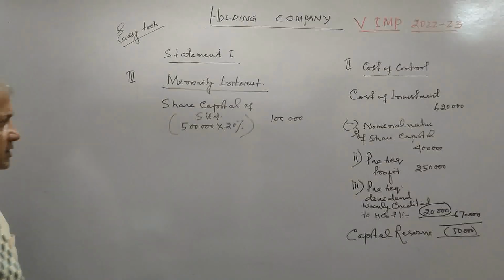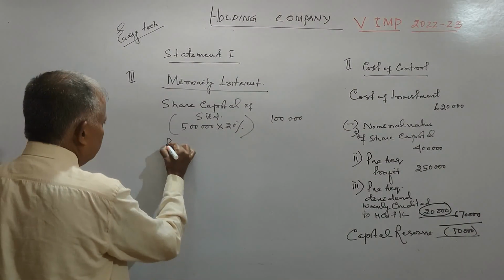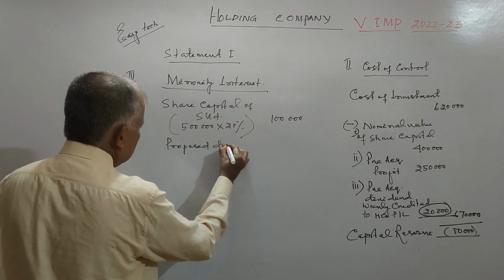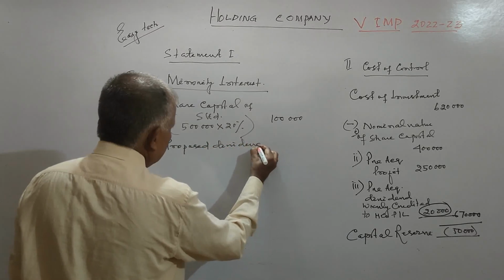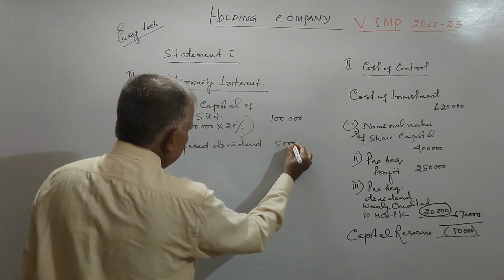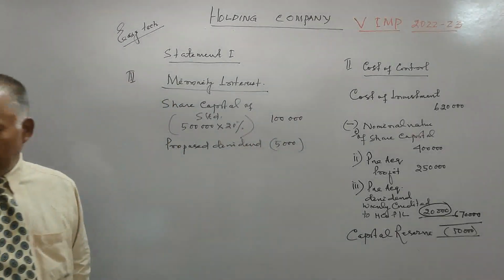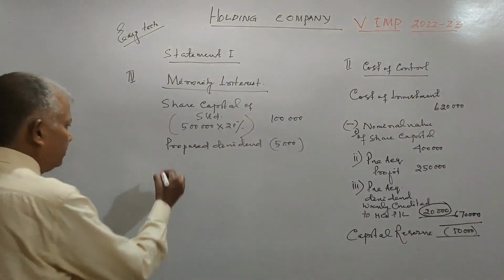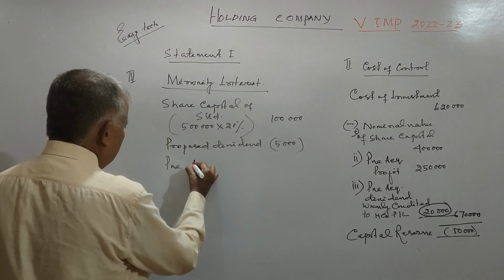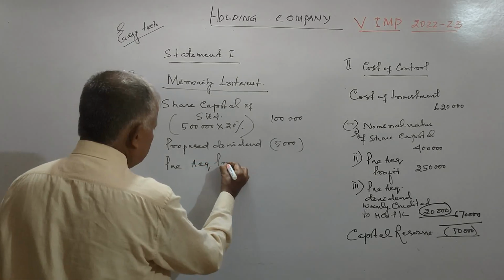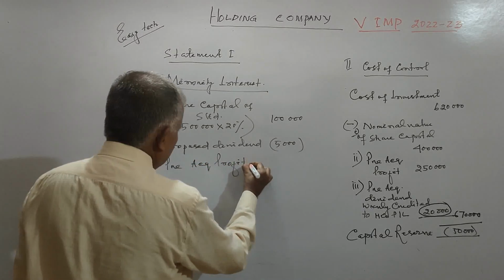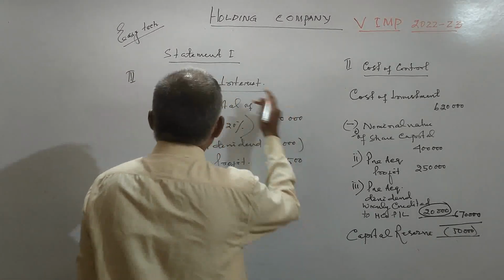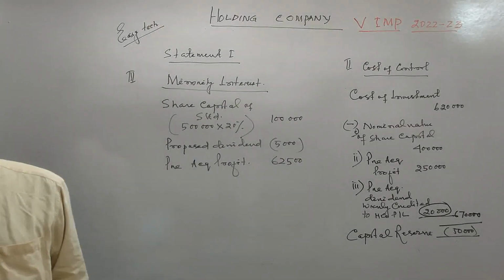Then we will see the proposed dividend. That is your 5,000, right? Then we will come to pre-acquisition profit, that is minority share 62,500 as per your statement 1.